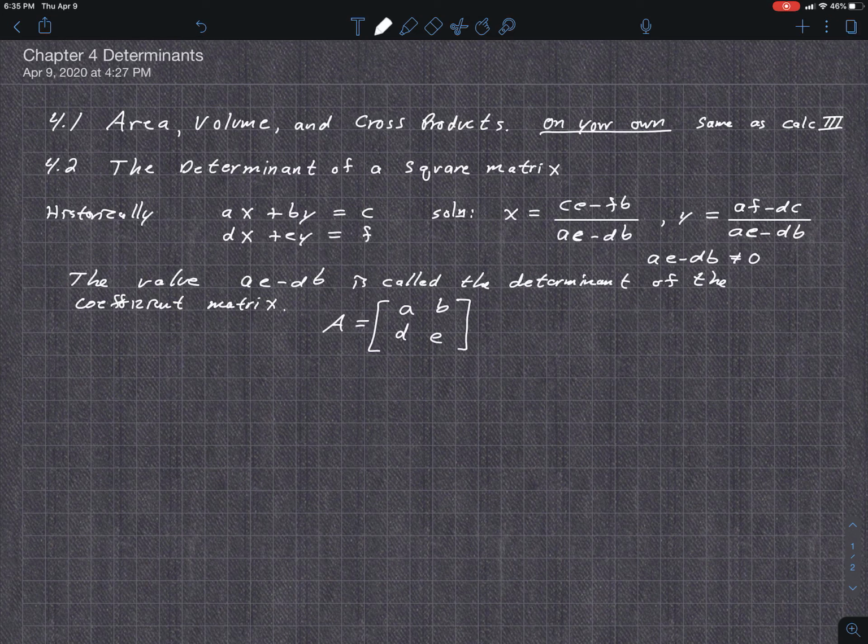So the coefficient matrix A would be A, B, D, E. And you've probably seen that calculation.